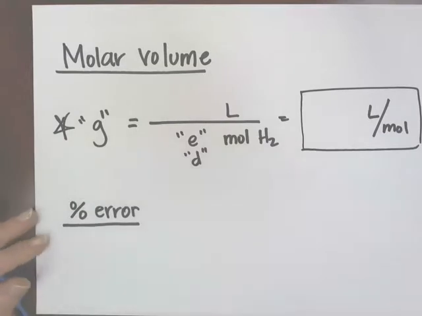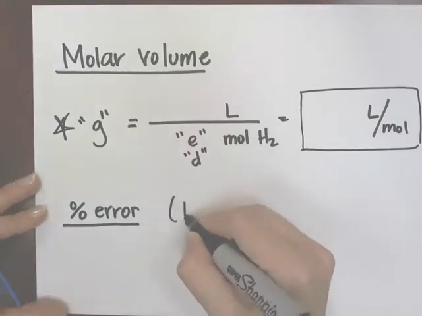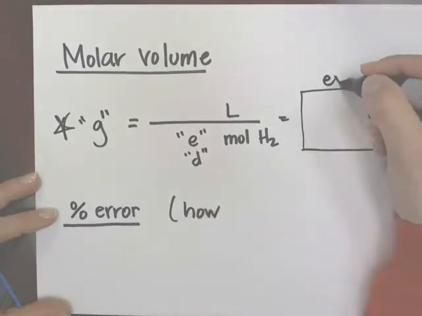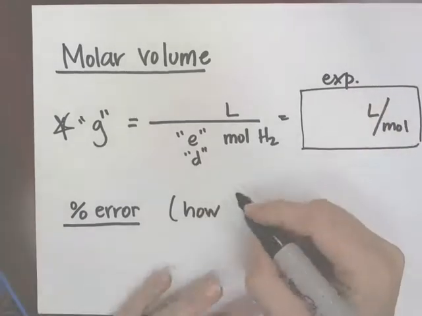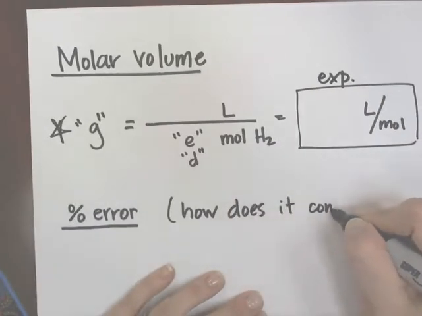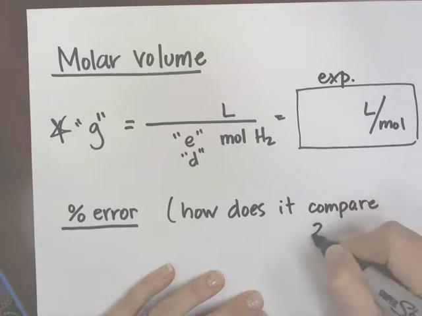Question 2 goes on one step further and asks you to compare your value, this is your experimental value, and you want to ask, how does it compare with the theoretical value of 24.137?